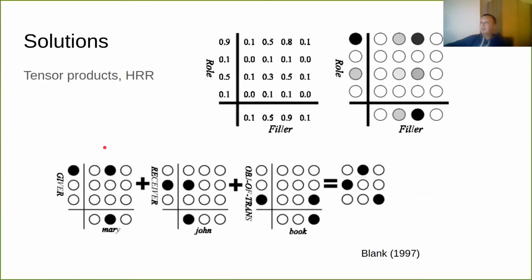So if you want to bind the subject of sitting to the dog, you have a pattern for the role. That's the representation of the subject of sitting. And you have a pattern for the filler, the dog. This is the resulting representation of dog being bound to the role of the subject in the sitting relation.